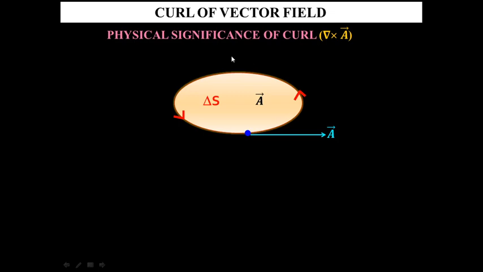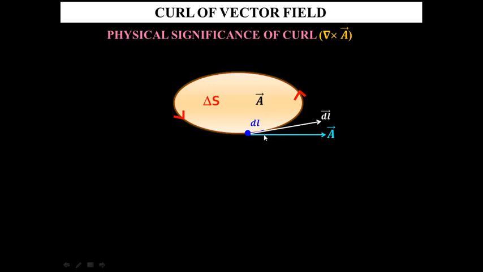Now this is the curved path. Suppose this curve is made up of very small elements, and we will consider any one of the small elements. Suppose dl, this blue path, is a small element of this curved path. The tangent to this small element of the curve, that is the direction of this small element, is the dl vector.